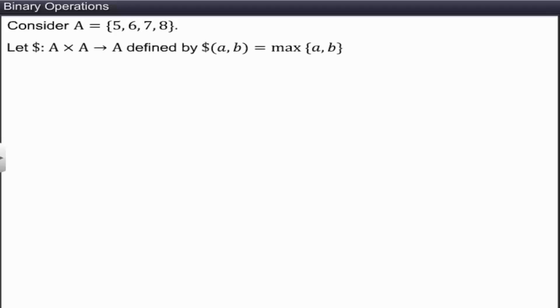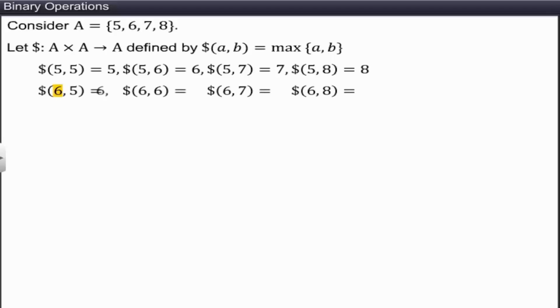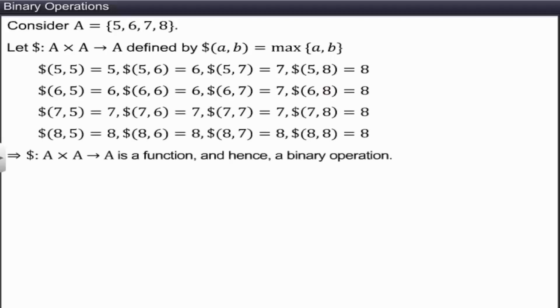Let $ be a relation from A cross A to A, defined by $ of A comma B is equal to maximum of A comma B. Here the maximum of any two elements of A also belong to set A. This shows that $ is a function on A, and hence a binary operation on A.